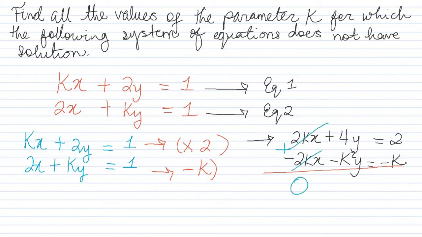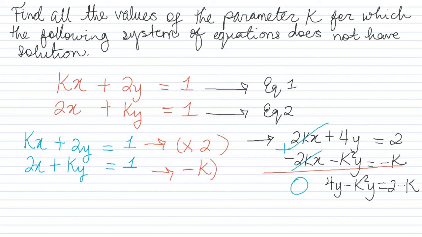And then 4y minus k squared y. So what you end up with here would be 4y minus k squared y equals 2 minus k. That's basically it so far.